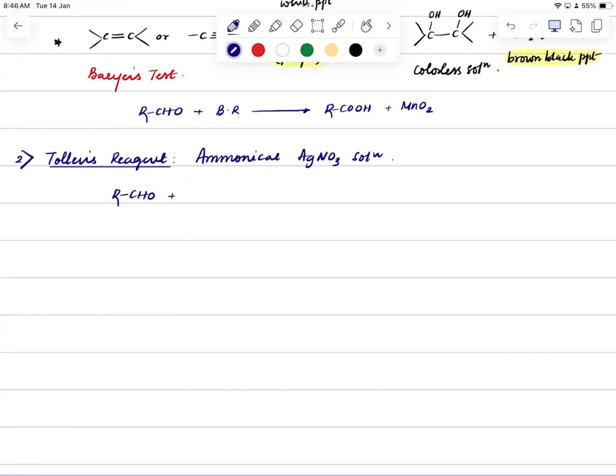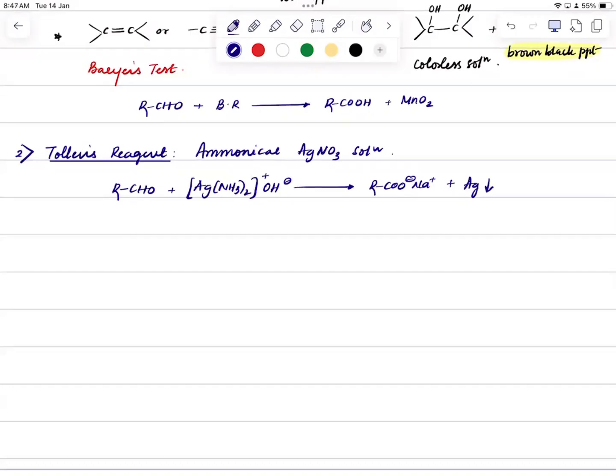So where Tollens reagent, which is Ag(NH3)2 plus OH minus, is used, it will convert the aldehyde into RCOO minus Na plus, or whatever the salt form that is present, plus Ag as the precipitate. Got it?